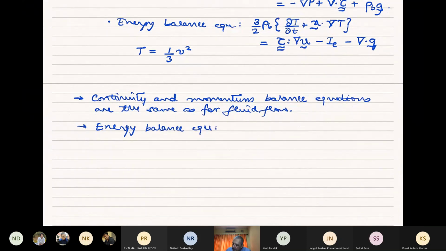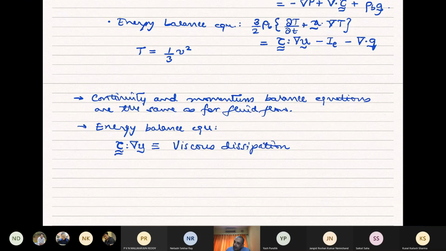And if I look at the terms, this term comes in fluid flow, and if you remember it, this is nothing but the viscous dissipation. This is basically, if you think about a liquid, when you shear the liquid, there is some amount of work done, and as a result of that work, the temperature of the fluid will increase.